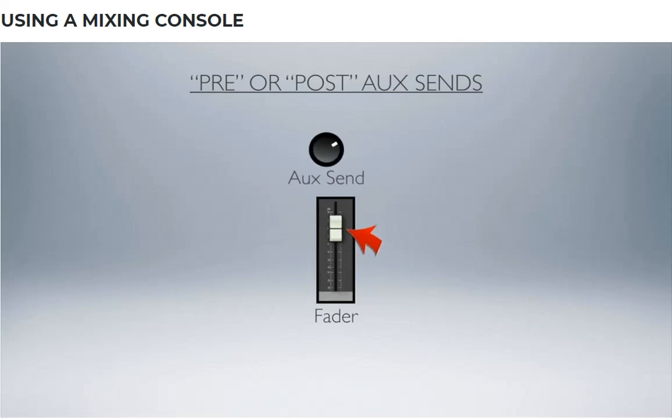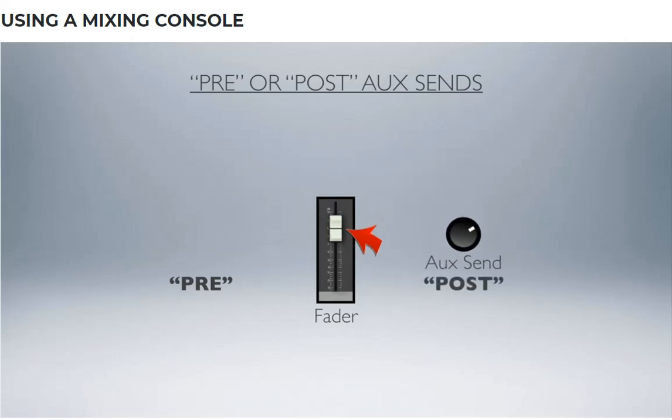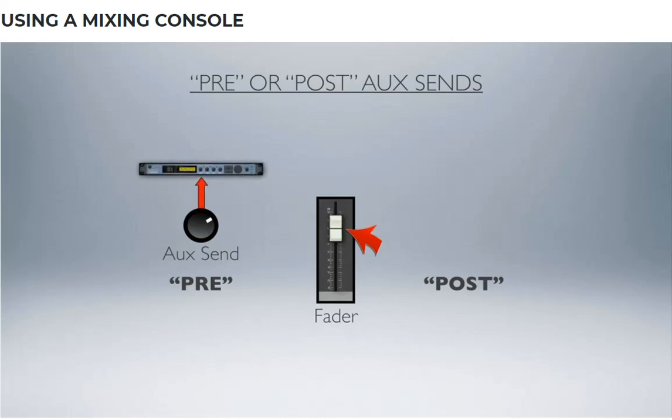Okay, but now let's talk about Aux Sends and how this all works. Aux Sends can either be set up to be pre-fader or they can be set up to be post-fader. So what are the applications for both of these? Let's start out and look at the pre-fader Aux Send. If we were to send that out to an effects send and it was set up to be pre, here's what would happen when we move that fader. We bring it up.